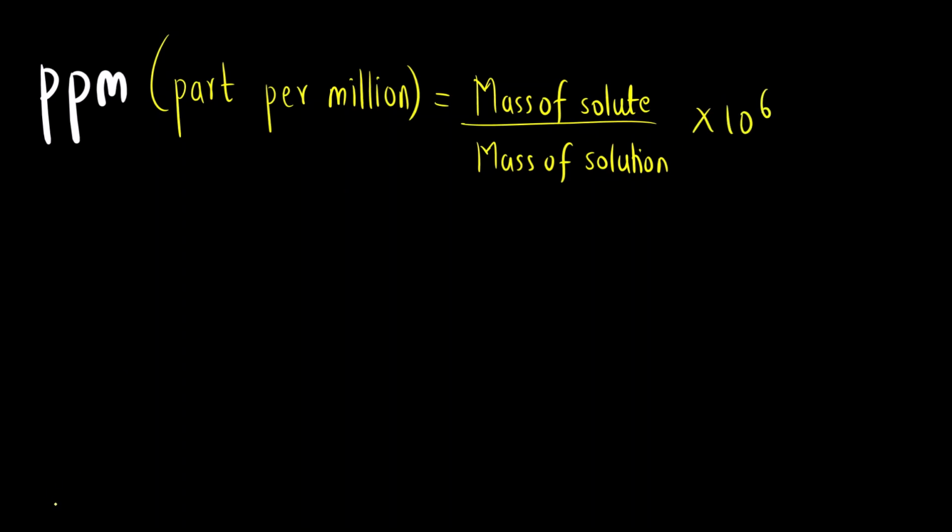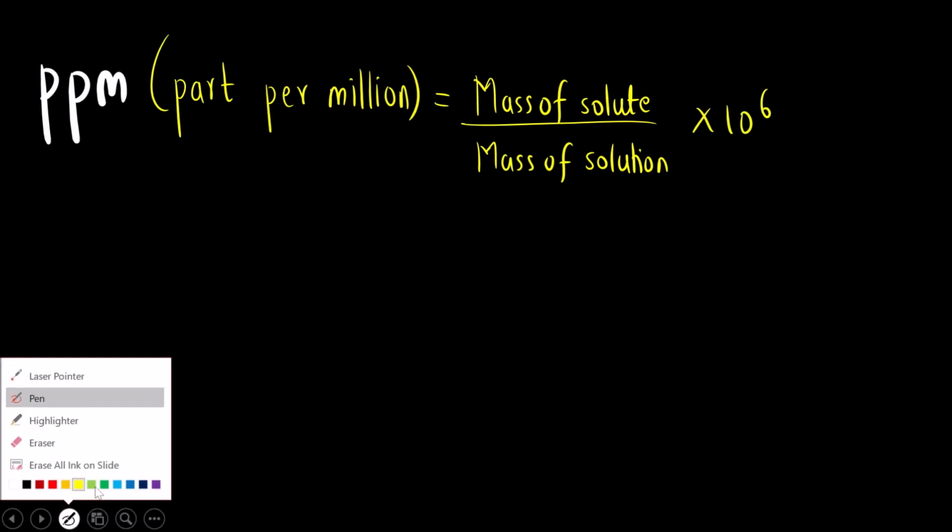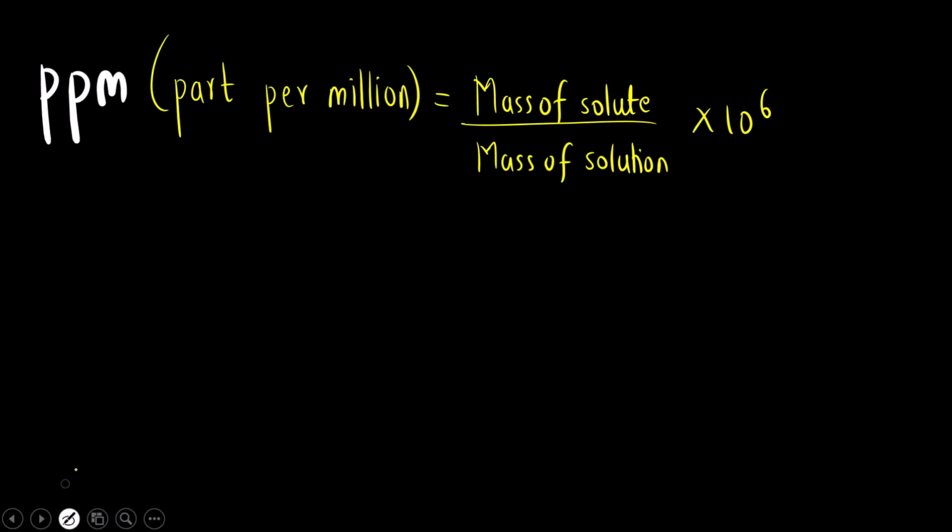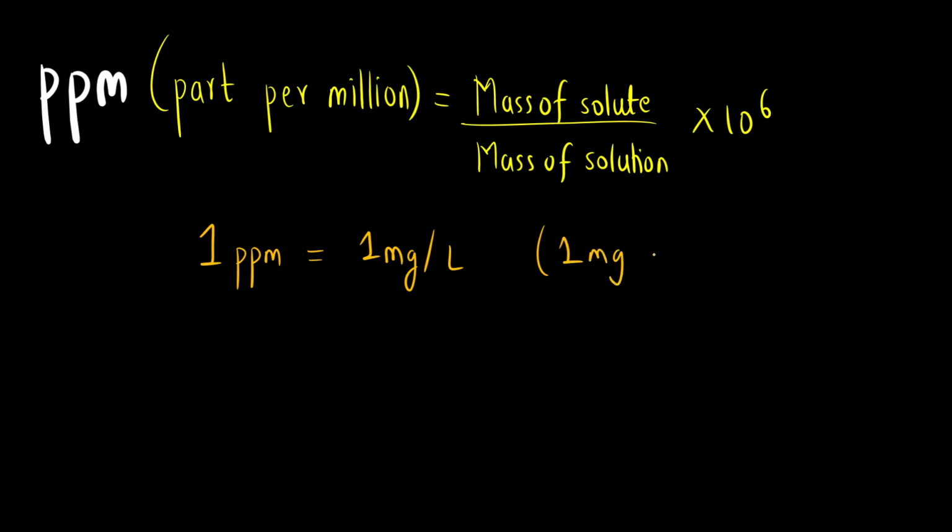This formula is correct, but when we solve numericals, what is going to be more important is the next thing that I'm going to write: 1 ppm is equal to 1 milligram in 1 liter. And what is 1 milligram? Milli means 10 raised to minus 3. 1 milligram means 10 raised to minus 3 grams.